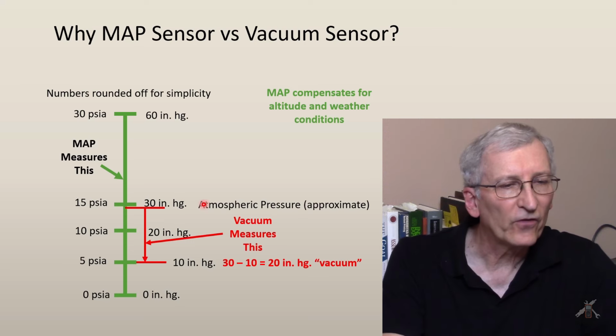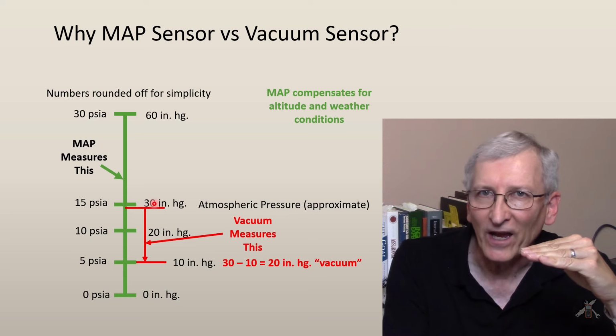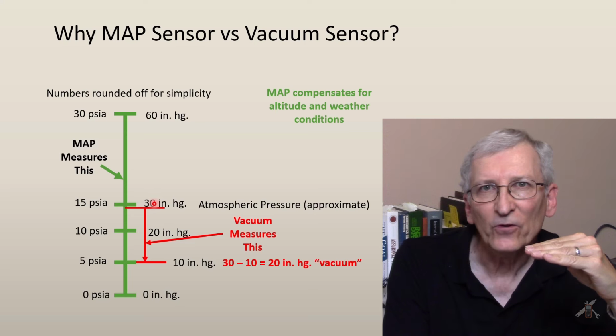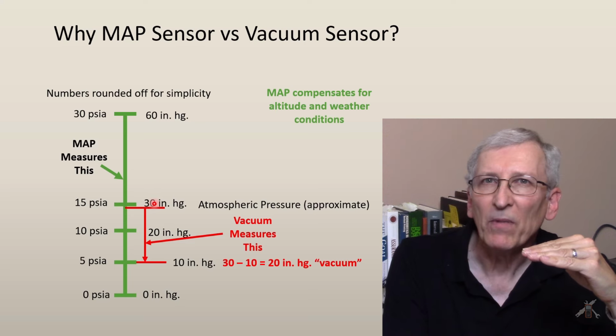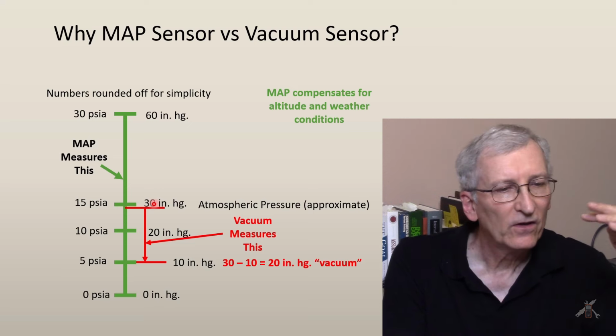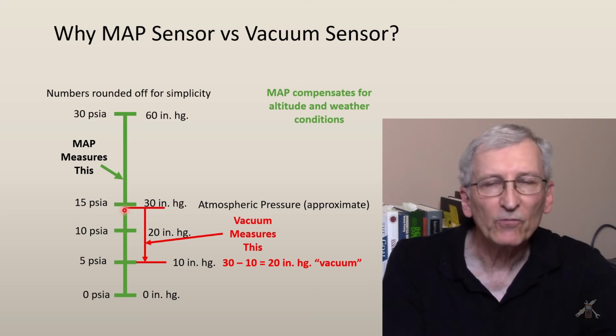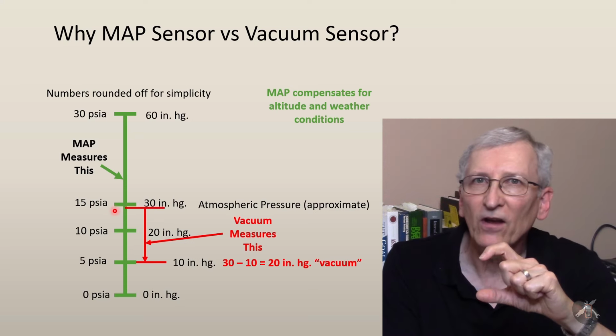The difference is that vacuum is connected to where atmospheric pressure is today. And if you had a bad weather day and the barometer drops, then your whole vacuum scale will drop. Your absolute pressure doesn't care.